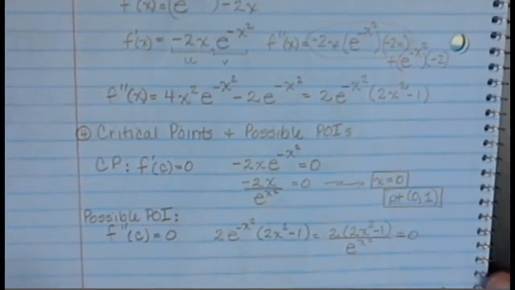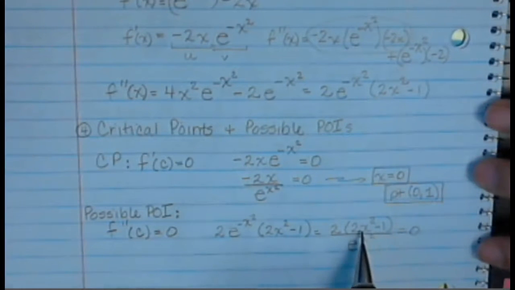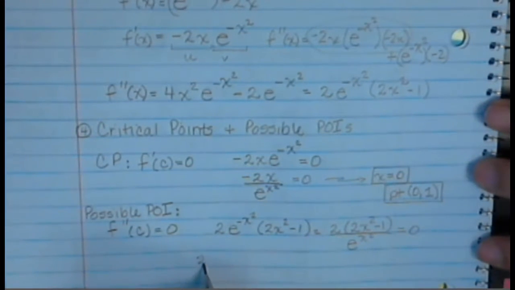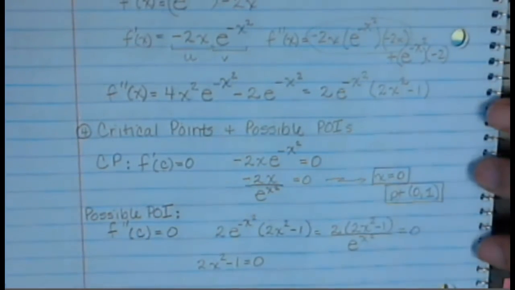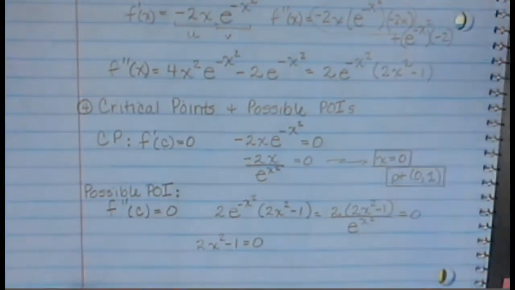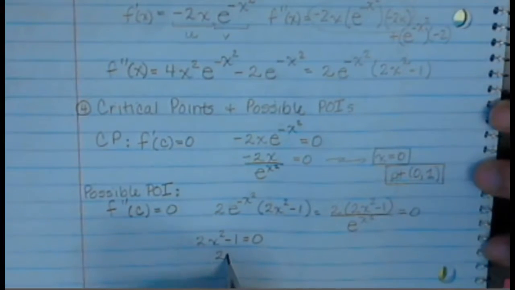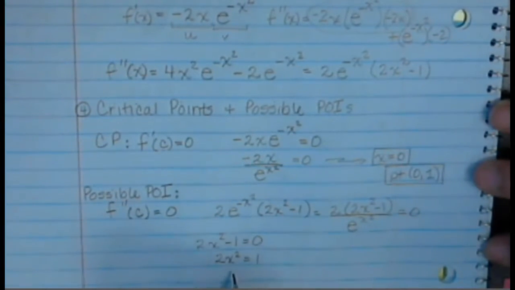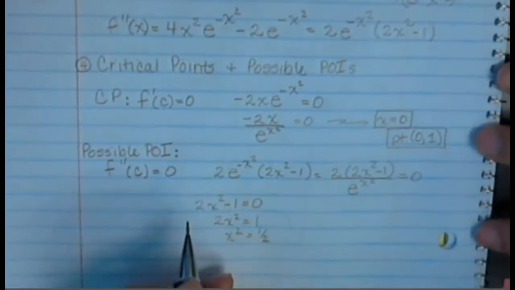Again, at the bottom, it'll never equal 0, so we won't have that undefined situation. But at the top, we have that 2x squared minus 1 can equal 0. So we're going to solve for x in that case. I'm going to see that I have 2x squared is equal to 1, x squared is equal to 1/2.